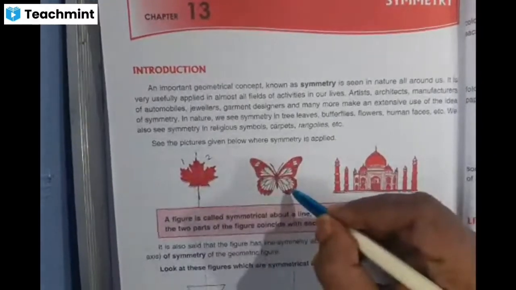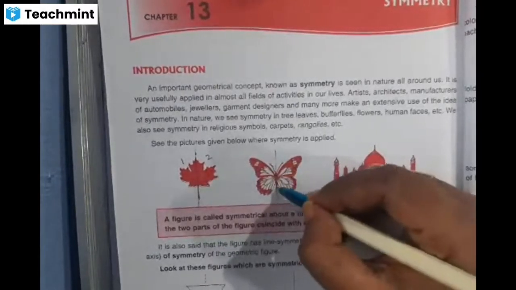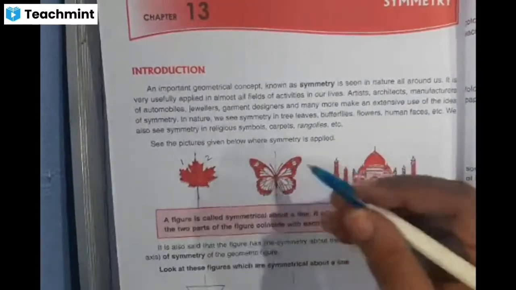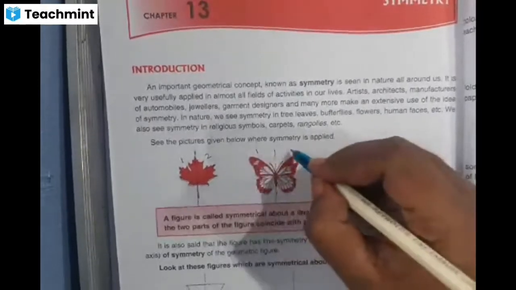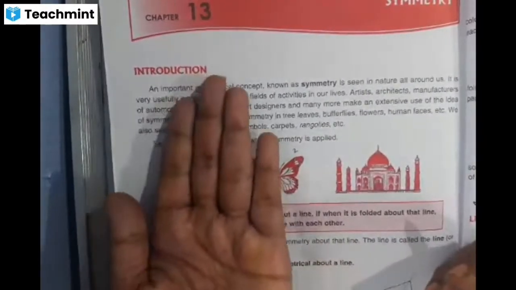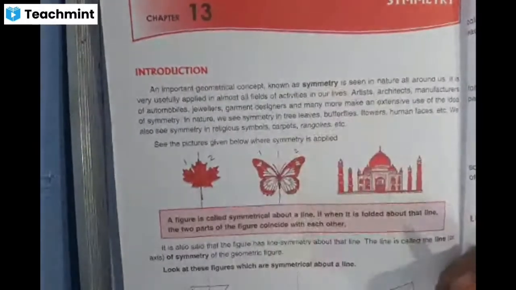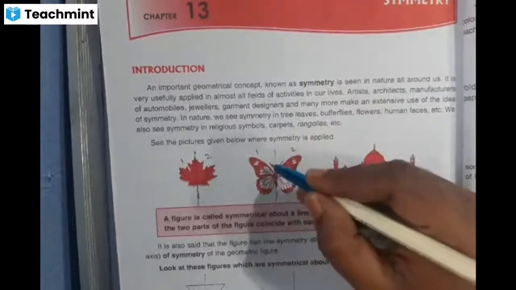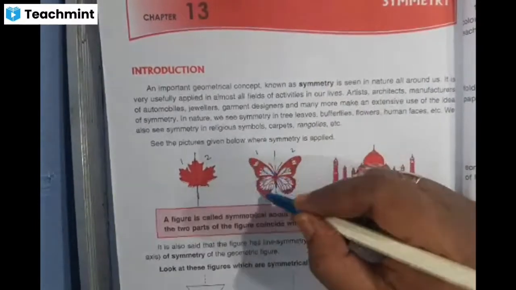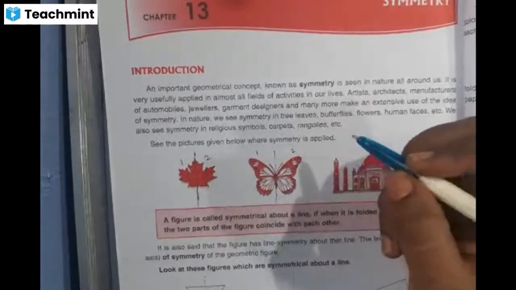Same with the butterfly. If I draw a line here, see, I have drawn a line, and let me call this as first part and second part. If I'm going to fold this first part on the second part, then I observe that each and every part of the first part is going to coincide with the second part.